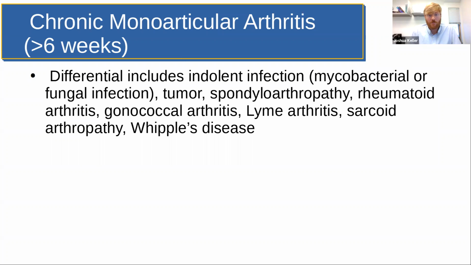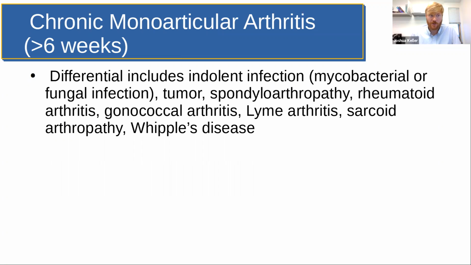And if it's negative, but we still have a suspicion at all, we'll send a patient for a synovial biopsy. The differential also includes tumor, atypical presentations of rheumatoid arthritis, and spinal arthropathies. Lyme in this area is really high in the differential, especially in certain joints, mostly the knee, but knee and ankle. Patients should have a positive Lyme antibody test, because Lyme arthritis is a late manifestation.